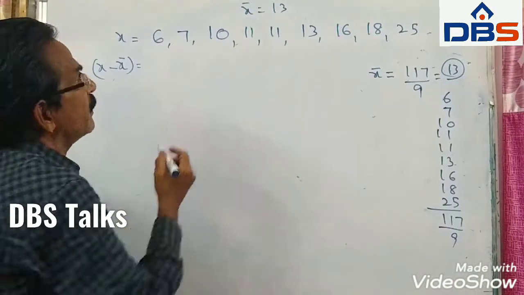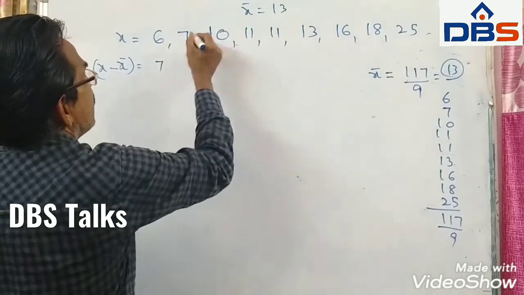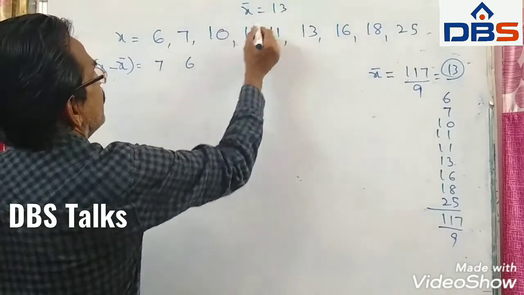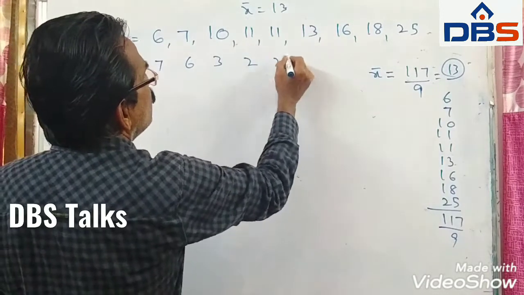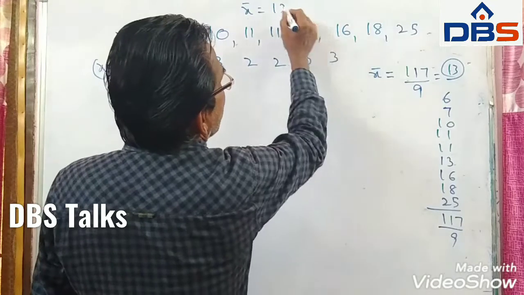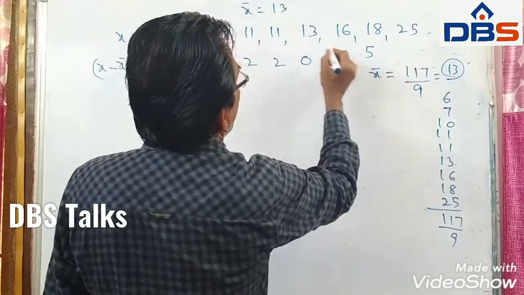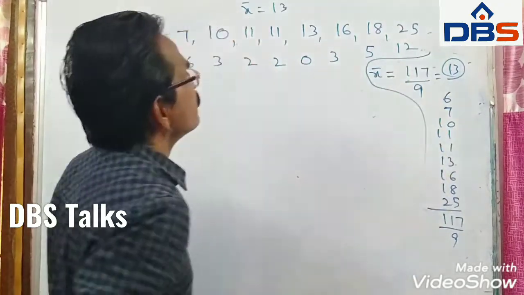X minus x bar: 13 minus 6, difference 7, then 6, 3, 2, 2, 0, 3, 5, 12. Right friends?